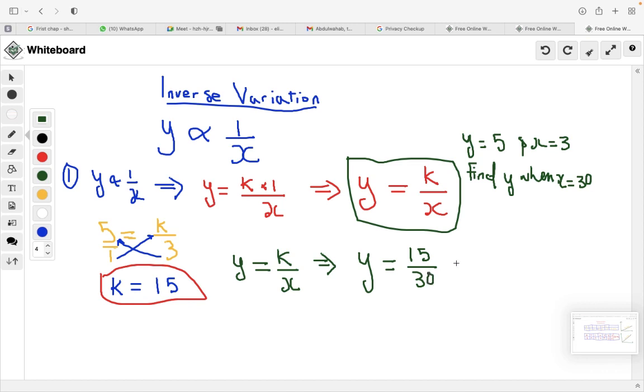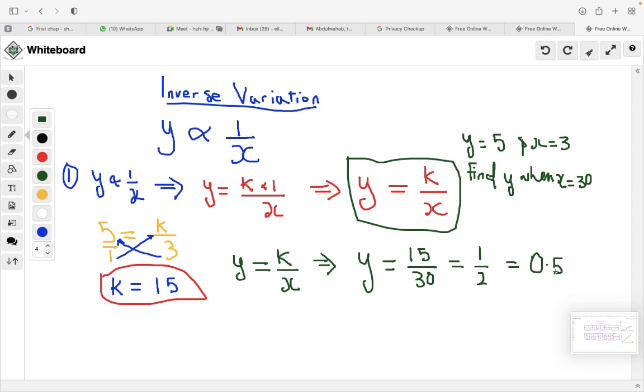So 15 over 30 is 1 over 2. 15 divided by 15 gives 1, 30 divided by 15 gives 2. You get 1 over 2 in fraction, or you can put your answer in decimal, which is 0.5. Okay, so this is how we use it to solve inverse variation.